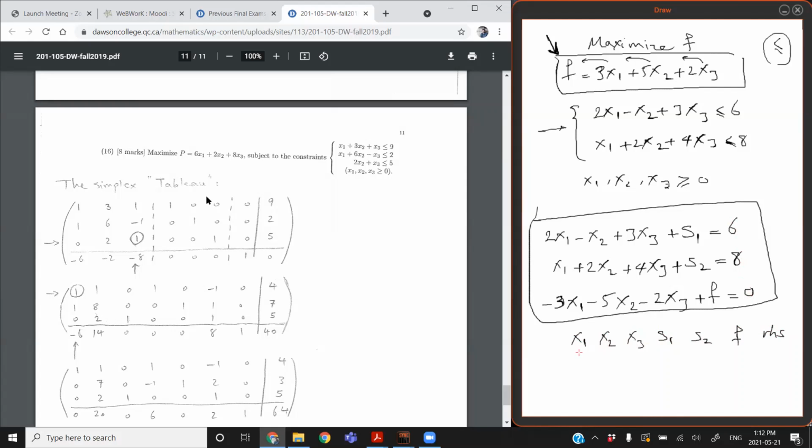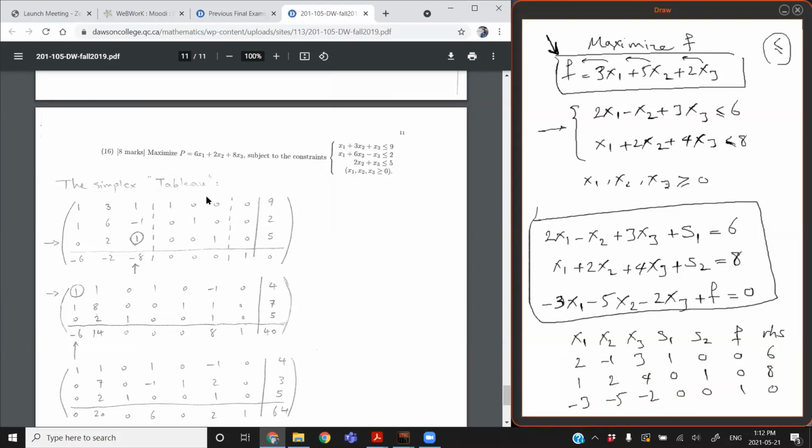So if I look at the coefficients of x1, I get 2, -1, then 3 for this, 1, 0, 0, 6. Then the second row would be 1, 2, 4, 0, 1, 0, 8. And the last row, -3, -5, -2, 0, 0, 1, 0.